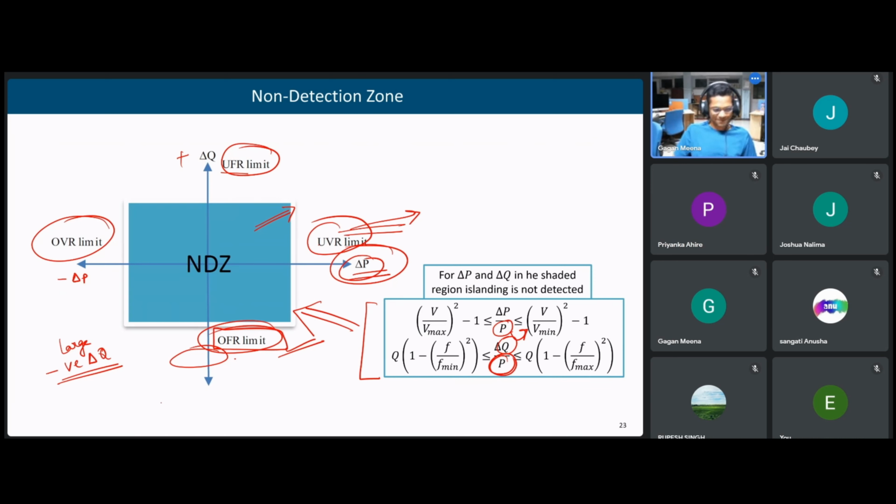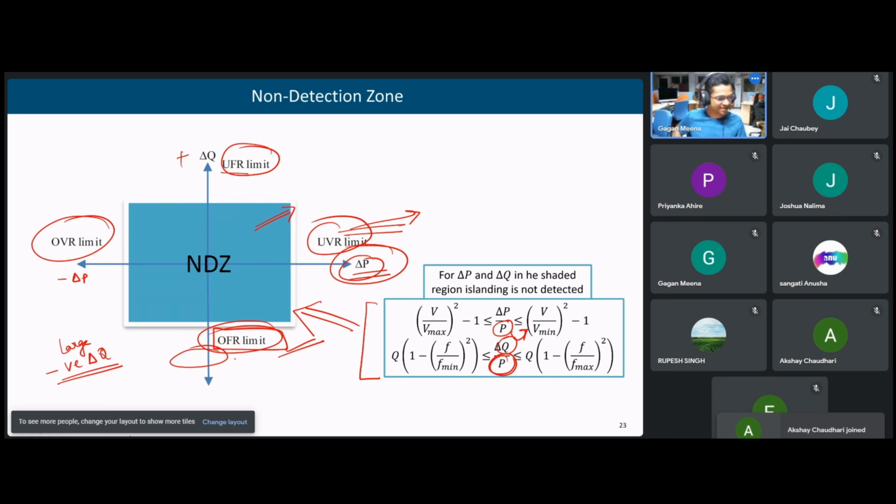So the transmission system principles will not apply in the distribution system.